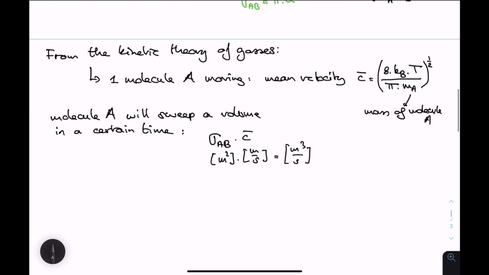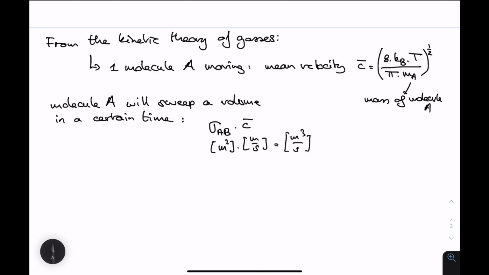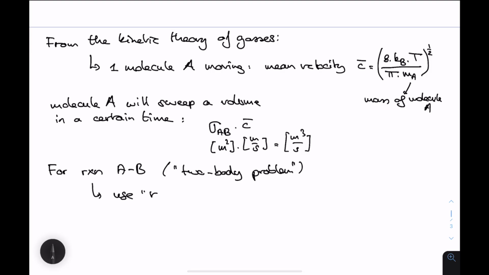Now for a certain reaction AB, we have a two-body problem, as they call it. We can use something called reduced mass.